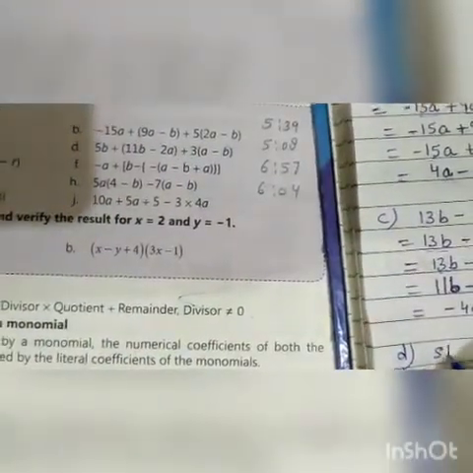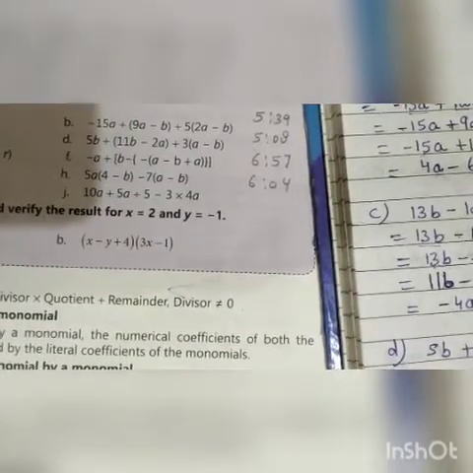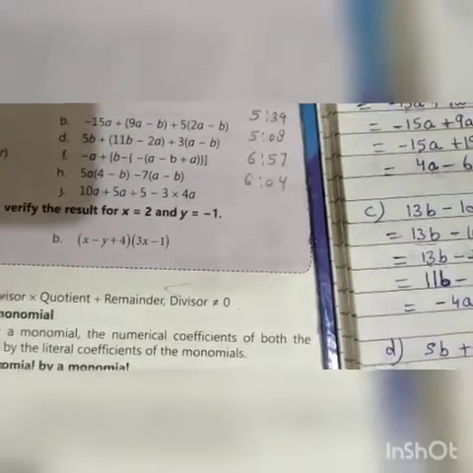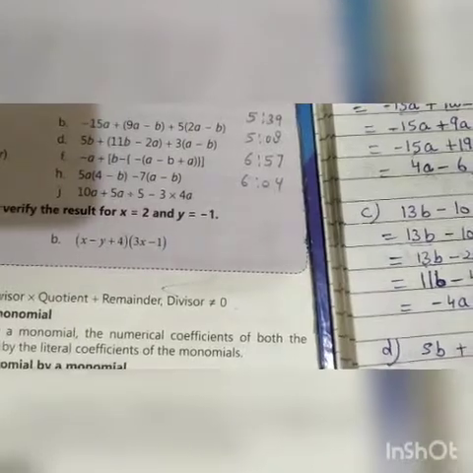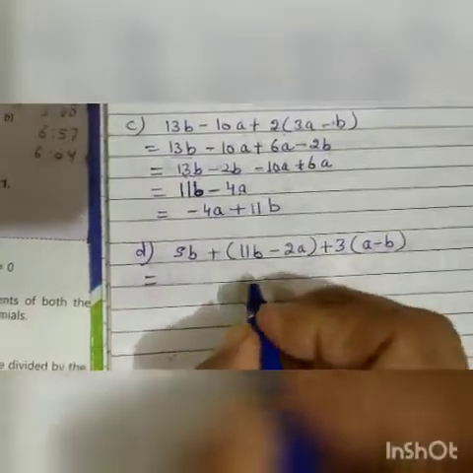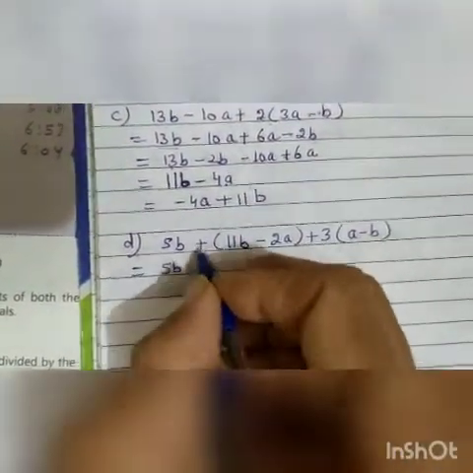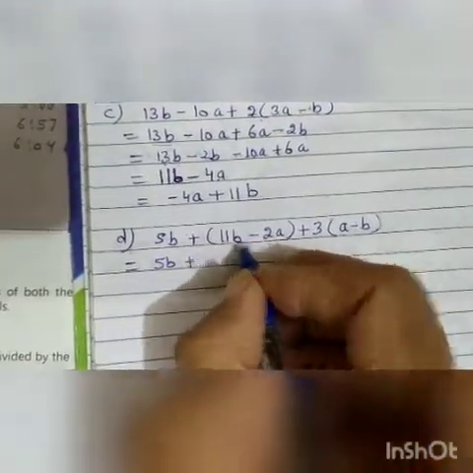Come to its D part. D part is 5b plus 11b minus 2a plus 3 into a minus b. So students, see. Again first we will remove the bracket. This 5b is written as it is. Then this plus.